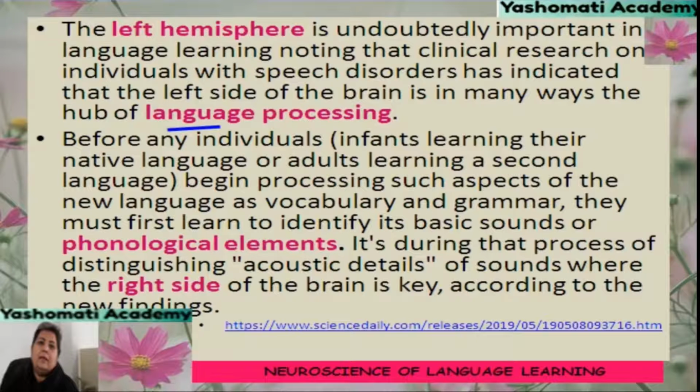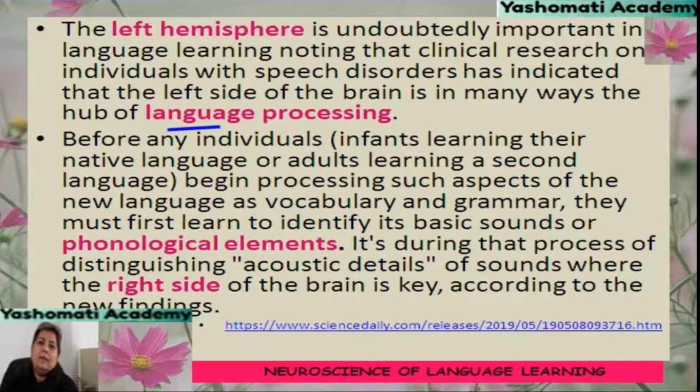On the left side of the brain, regions like the frontal, temporal and parietal lobes formulate what we want to say, and the motor cortex in the frontal lobe enables us to speak the words. So these functions are more localized on the left side of the hemisphere.